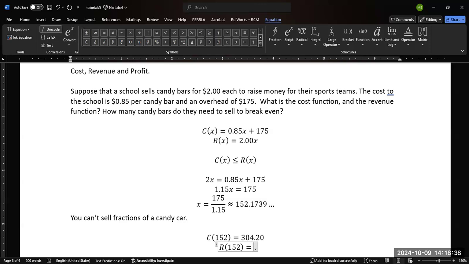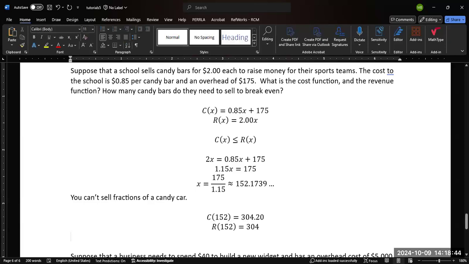Well, it's going to be 2 times 152, which is 304. Again, notice that at this moment, I have not yet broken even. If I sell 152 candy bars, I am still technically losing money. I'm actually losing only 20 cents, but that is not the break-even point. I have not made back all of my costs yet. Therefore, you need to round up.